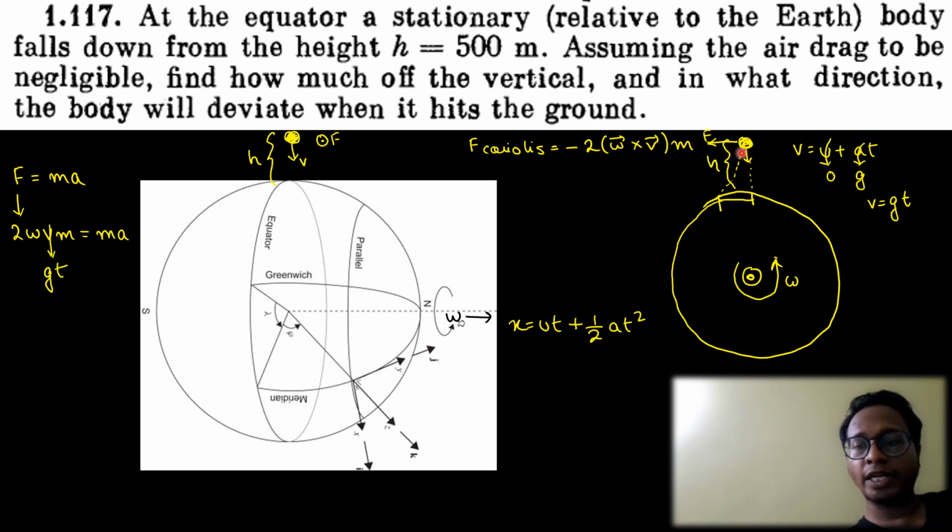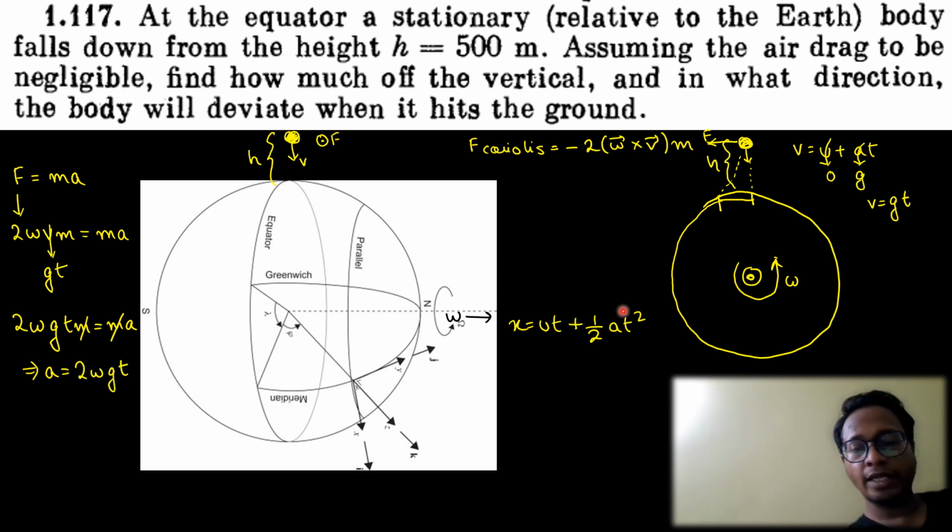V is nothing but the downward component of velocity which varies according to time t. So can I write 2 omega gt m is equals to mass into acceleration, or mass gets cut, and acceleration in x component is equals to 2 omega gt.